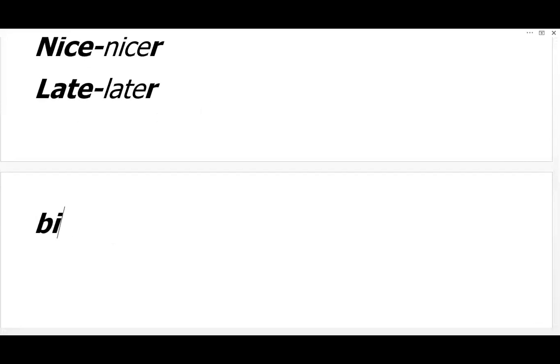If you have an adjective, we're talking about adjectives, that goes consonant, vowel, consonant, you have to double the final consonant, okay? Double the final consonant and then add er. And then you say más grande, bigger, bigger, okay?